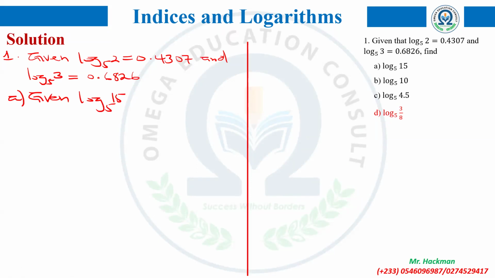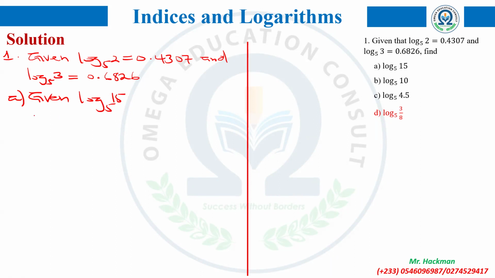So now, if you have this idea, it means you can write this one as 3 times 5. Always consider the base as one of the numbers. Here the original numbers were 2 and 3, and now we add the base as well, so 5. If I can write it to involve 3, 2, and 5, I do that, using any of these 3 numbers.